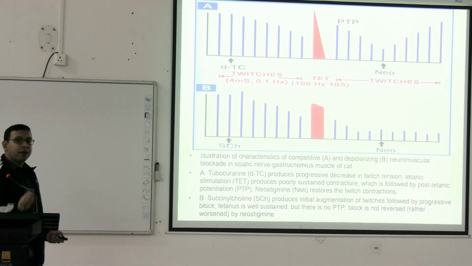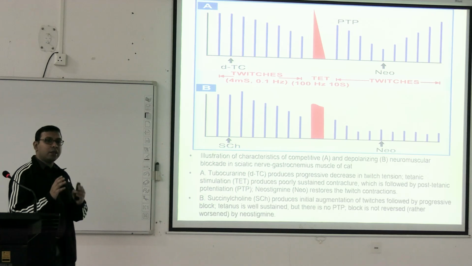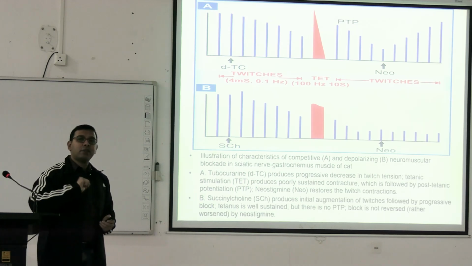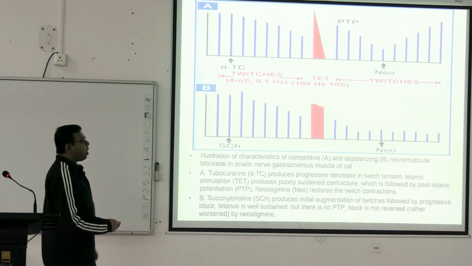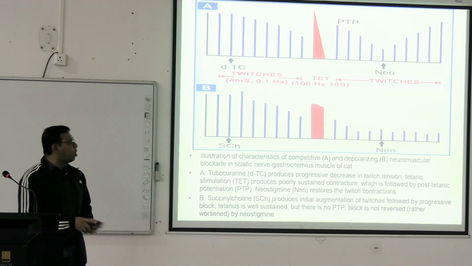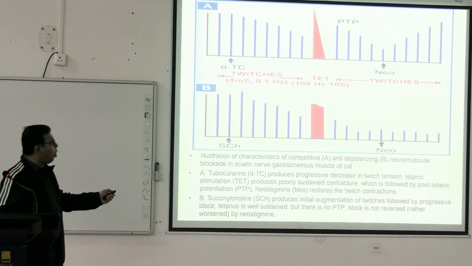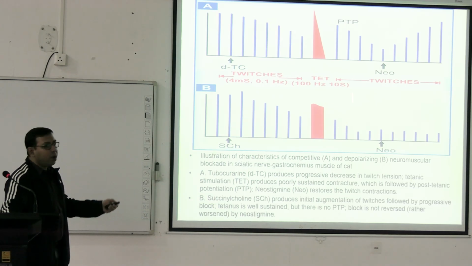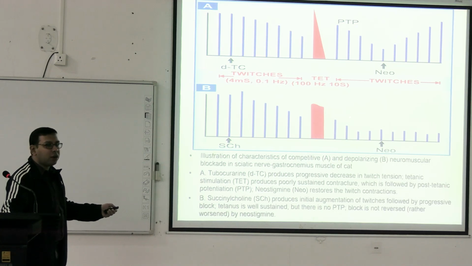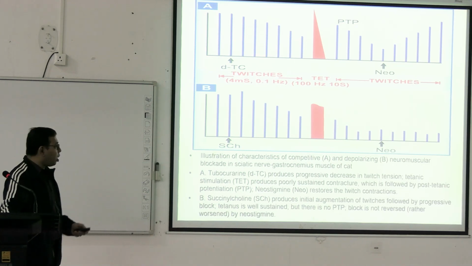Then a tetanic stimulus is given, that is, in a short span of time repeated stimuli are given, which causes a sustained tetanus, a sustained contraction of the muscles, more than in the competitive block. But after that there is no post-tetanic potentiation, that is, there is no increase of muscle contraction after the tetanic stimulation is over.